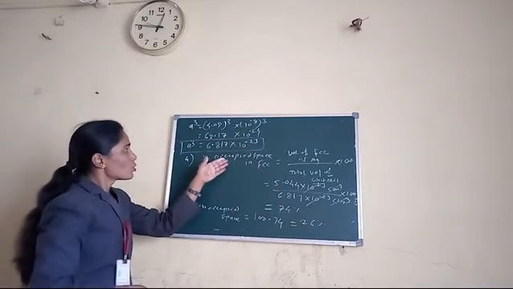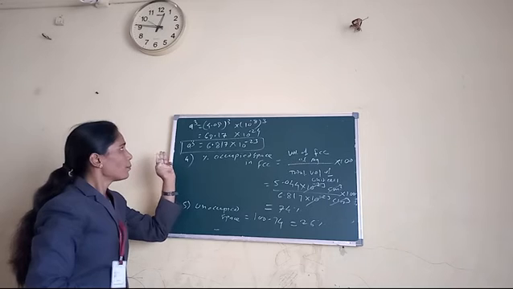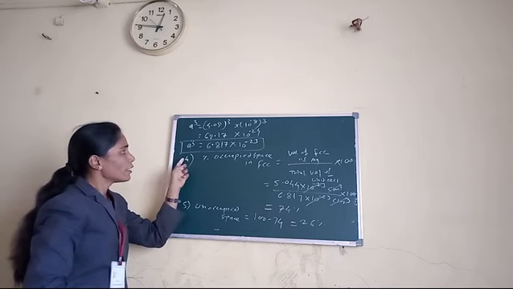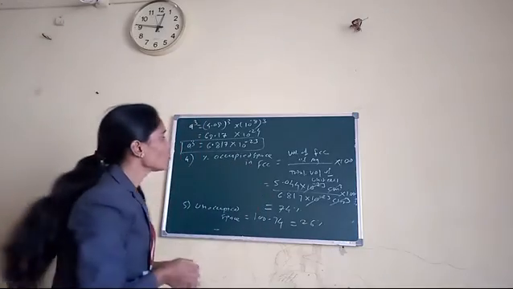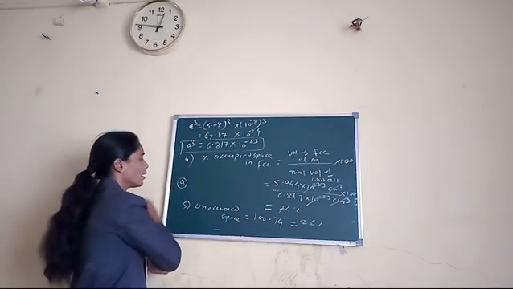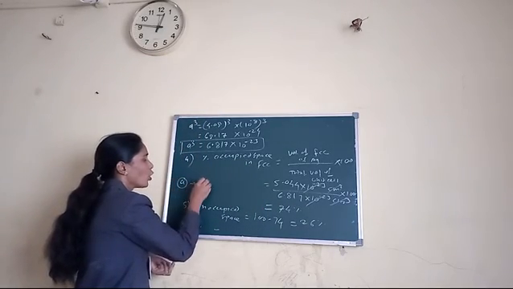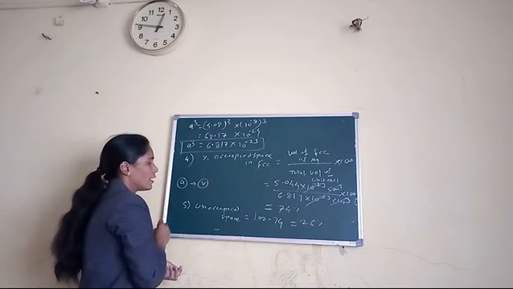This problem is solved in 4 steps. First, we calculate the side length a, then the volume of the unit cell.